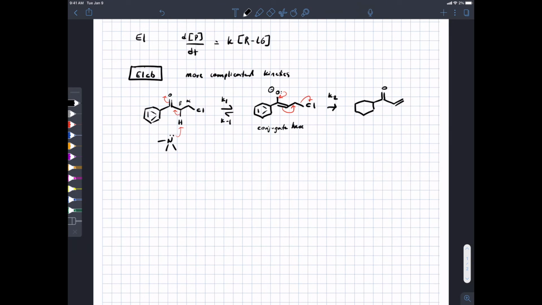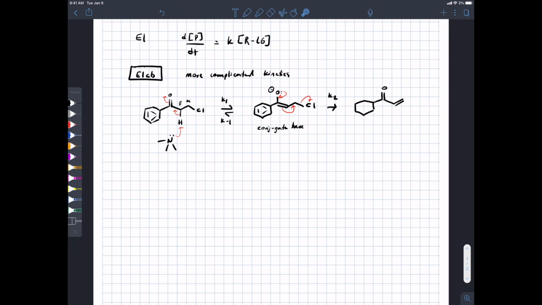And we're going to use the term E1CB as a sort of catch-all term for elimination reactions that are stepwise, where deprotonation happens first. Technically, the fact that it says E1 and CB means that the rate determining step is elimination, K2, and it only involves the conjugate base and not the base. But there's a continuum, as you can imagine, of mechanisms.